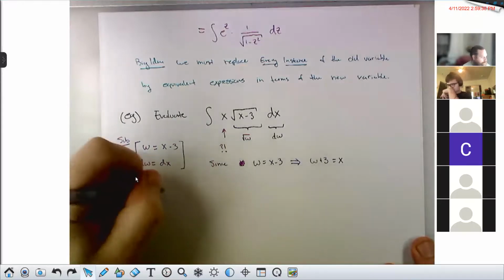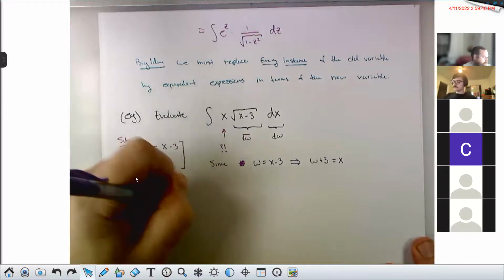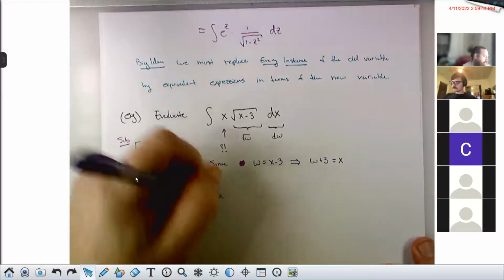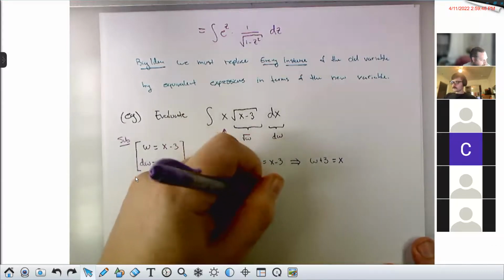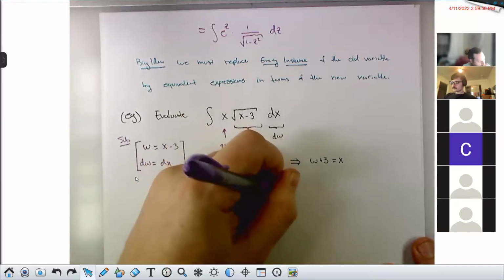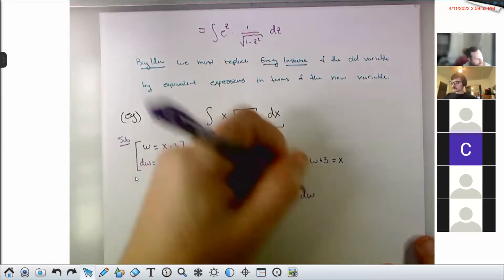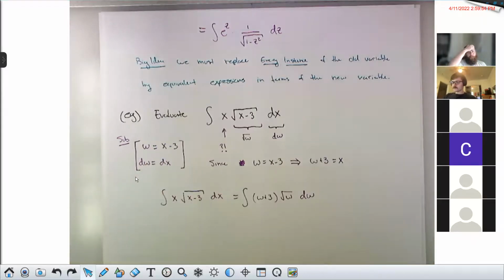So my integral x square root x minus 3 dx is going to be the integral of w plus 3 times the square root of w dw. Something you should always ask yourself as you're solving these problems is, did the substitution I made improve the situation at all?